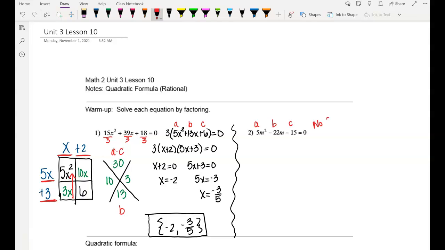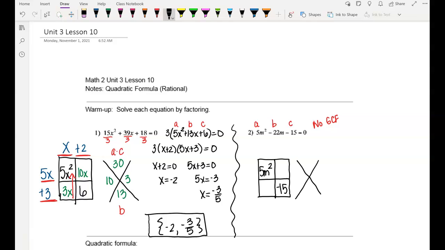There is no GCF on this one, which means I can go right to my box. I know that my 5m squared goes in the upper left. My negative 15 goes in the lower right.